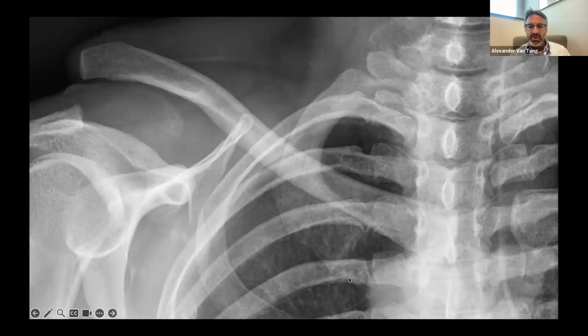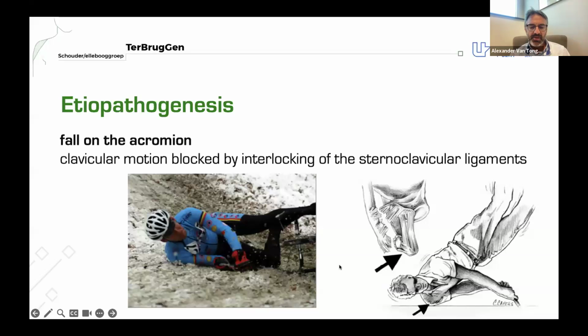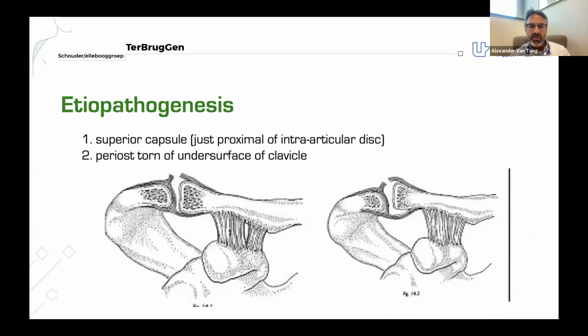I just made a small presentation again on how the lesion starts, so how it fits with the Rockwood classification. Most of the time it's really a fall on the acromion, so the clavicle motion is blocked by interlocking of the sternoclavicular ligaments. So it starts with a superior capsule lesion just proximal of the intra-articular disc.